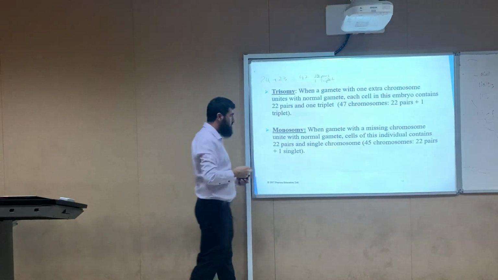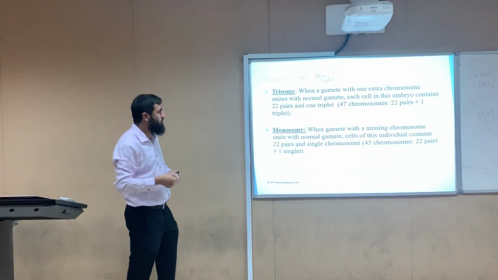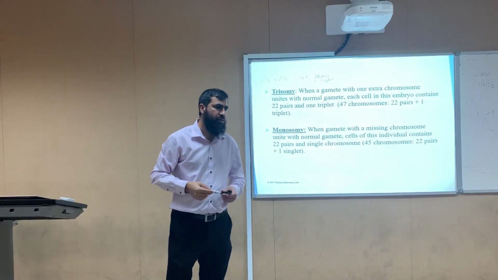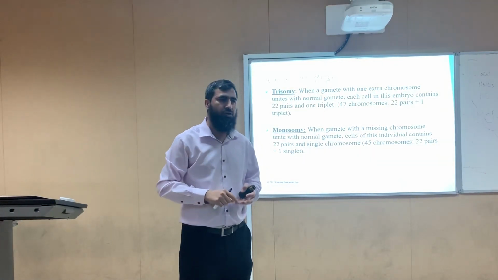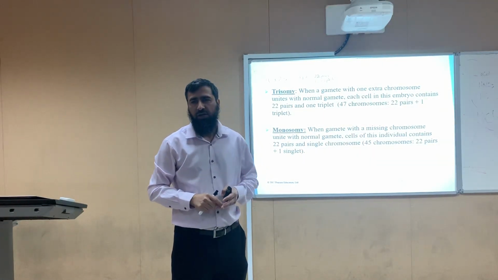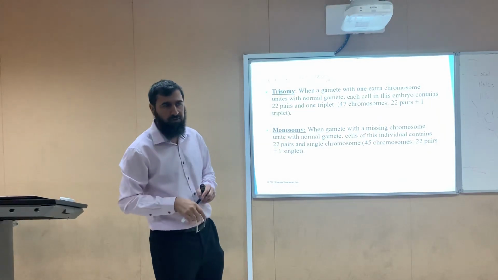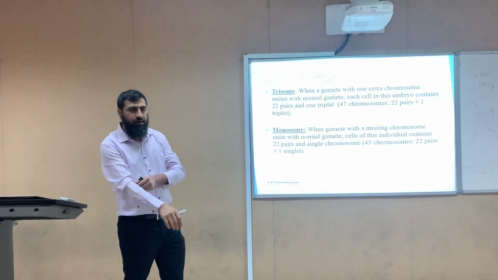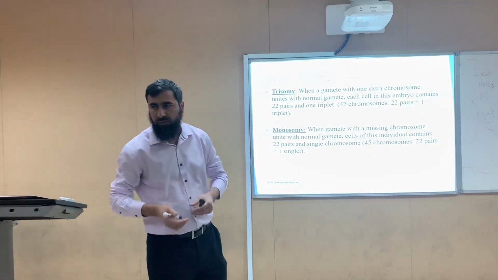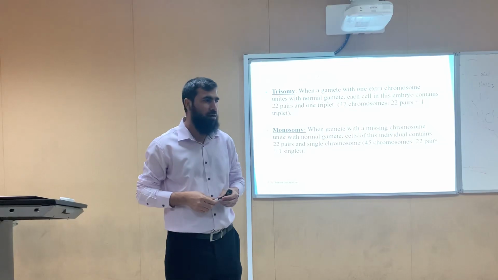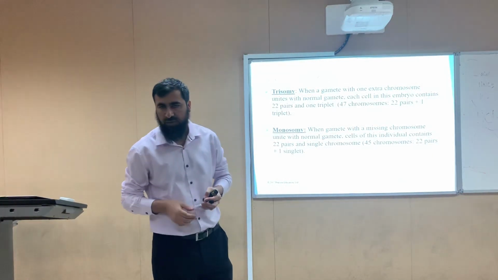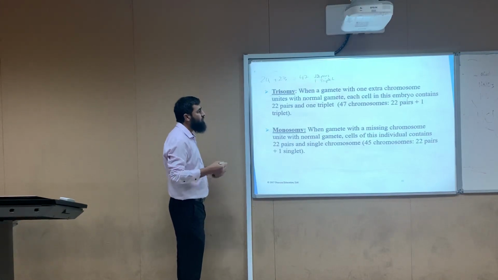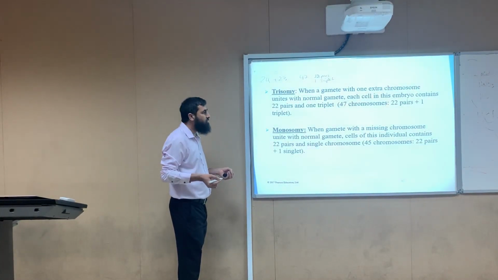We call this trisomy, and this happens in Down syndrome, which is trisomy 21. You also have trisomy 18 and trisomy 13. A very characteristic one that you have probably seen is trisomy 21, Down syndrome. We'll talk about the features next. So in trisomy, you get 22 pairs and one triplet.